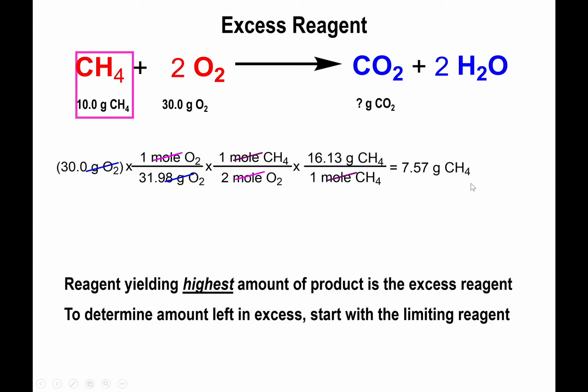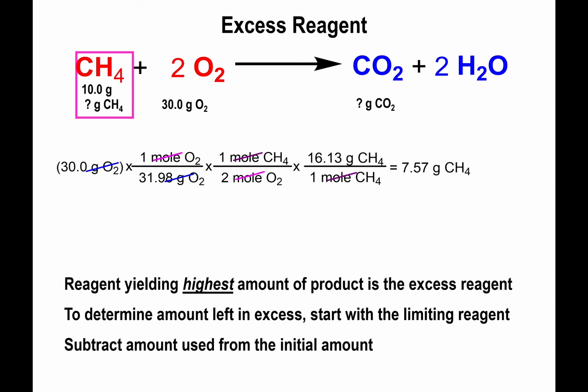Alright, now, this in and of itself is not the answer. What this represents, the value that you're getting out of the stoichiometry, is the actual mass of CH4 that got used up, the amount of CH4 that is no longer there.